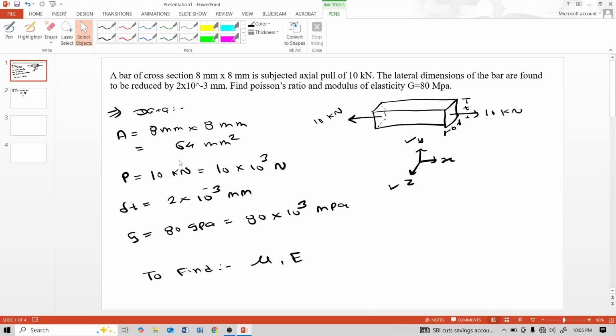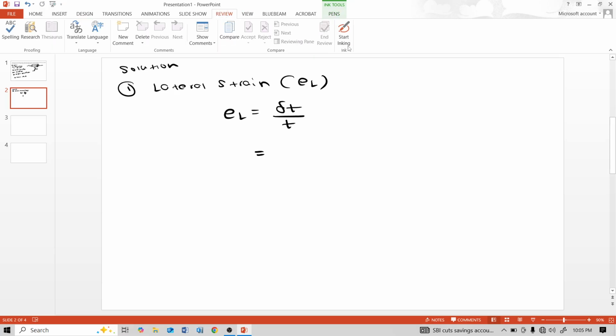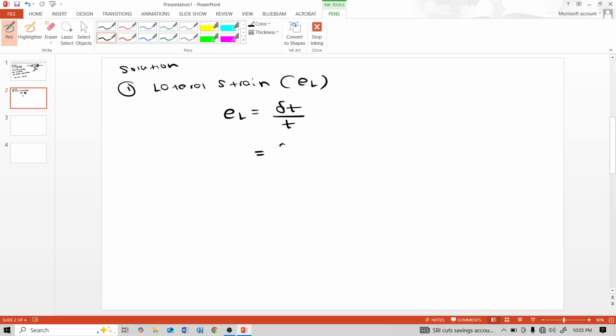In the numerical they have given us change in thickness is 2 into 10 raised to minus 3 mm, and this T also they have given us in the numerical, this T is 8 mm. So see, change in thickness is 2 into 10 raised to minus 3 upon thickness 8 mm. So 2 into 10 raised to minus 3 upon 8 is 2.5 into 10 raised to minus 4. EL, and strain has no unit.